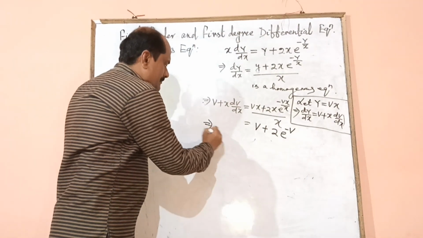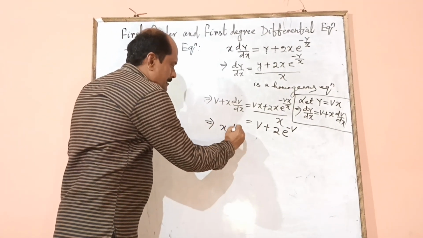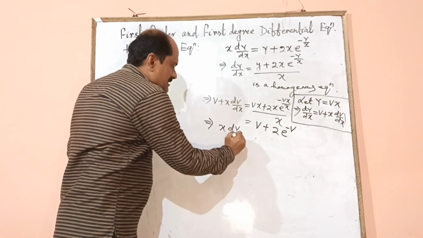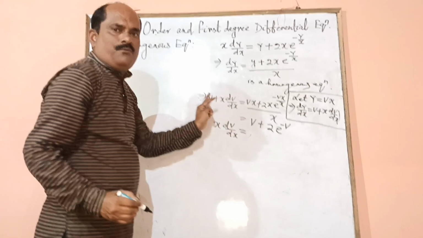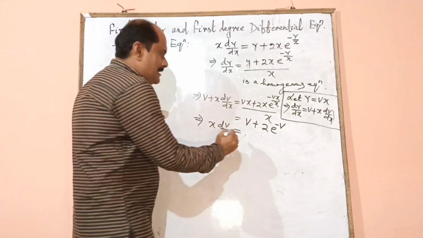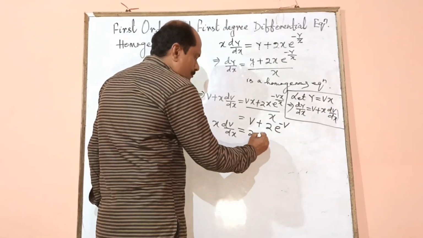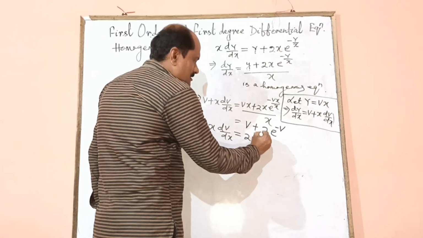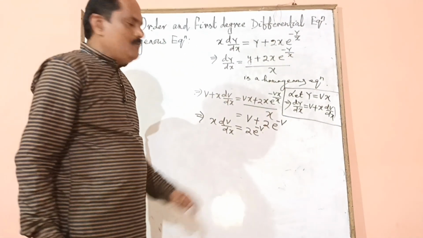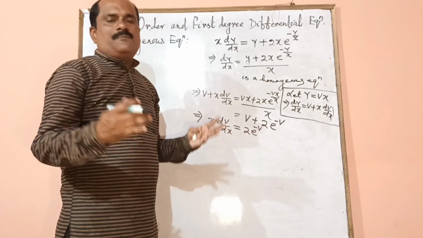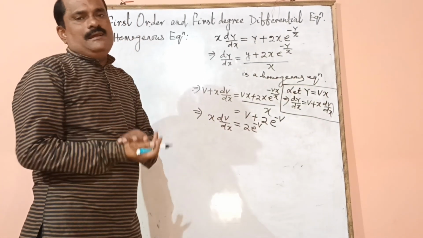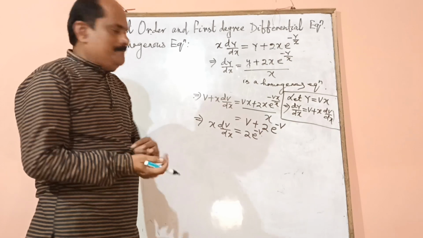This implies x dv/dx is equal to, now v is cancelled from both sides, 2 into e^(-v). Now we can separate the function of v with dv and the function of x with dx and solve it by the variable separable method.